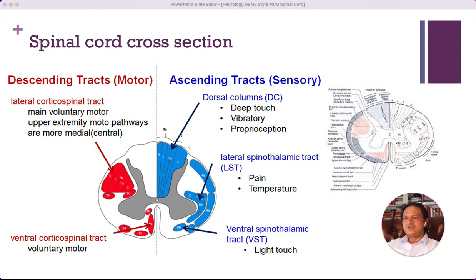The ascending tracts are taking information up, and again, there are two main groups here. The posterior group, which is called the posterior column or dorsal column, and then the larger group that spans both islands, the lateral and anterior white matter areas around the edge, which is the anterolateral spinothalamic tract.